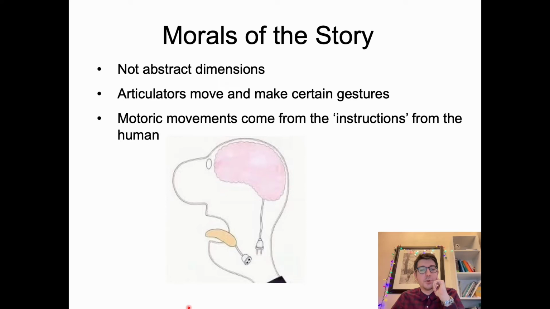And this is just a photo of a person where there is a disconnect between the brain and the articulator, right? Between the instruction and the articulator. This is just an example of what kind of challenges certain individuals may have. And now we are entering the realm of speech language pathology, right?